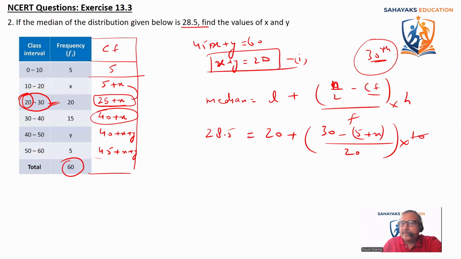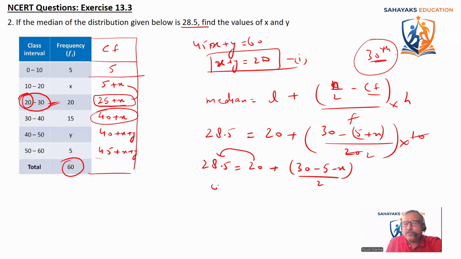So it becomes 28.5 is equal to 20 plus 30 minus 5 minus x, divided by 2. So multiplying the entire equation by 2, or I'll just move it to this side.